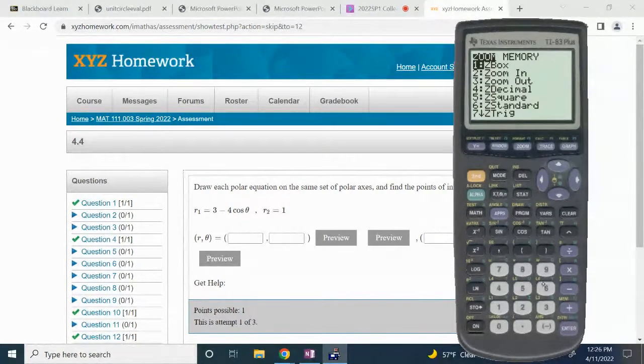Okay, I'm going to hit zoom 6, and I am going to hit zoom fit. So I'm going to hit zoom 0. All right, and it should fit the graph to our screen.